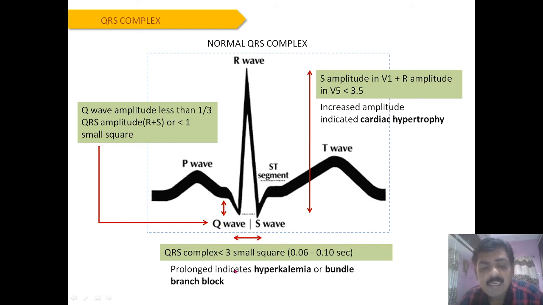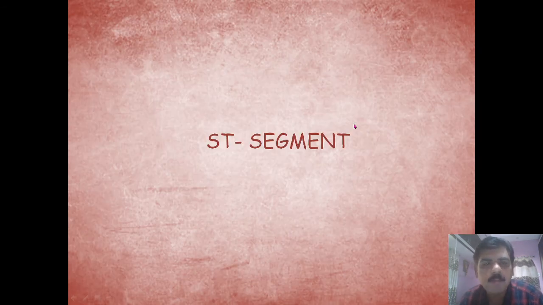That is three small squares, and its duration is 0.06 to 0.10 second. The Q wave amplitude is less than 1/3 of the QRS amplitude, and this is the normal QRS complex. Increased QRS amplitude indicates cardiac hypertrophy.